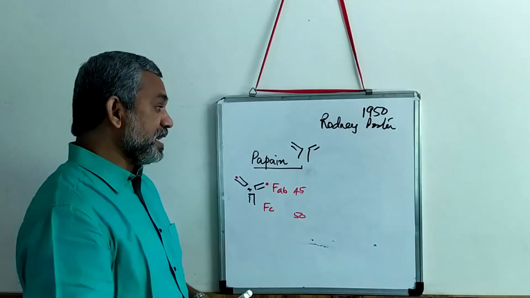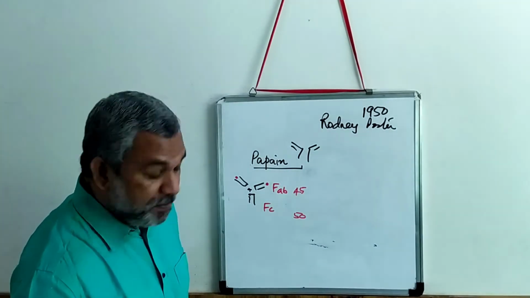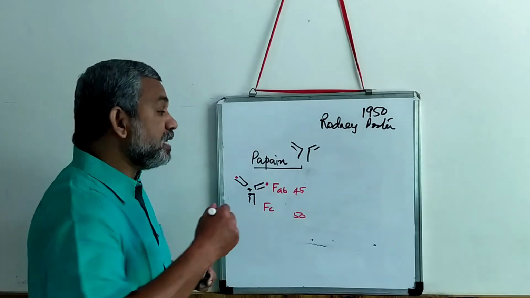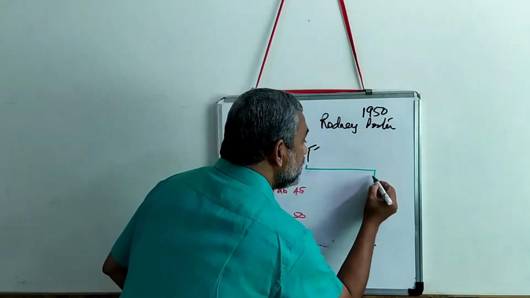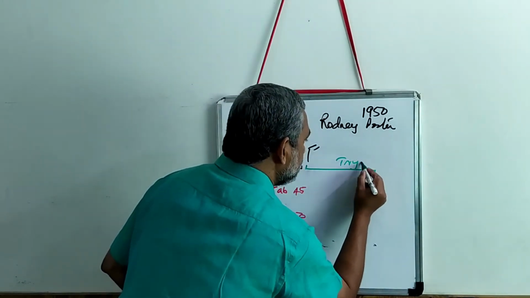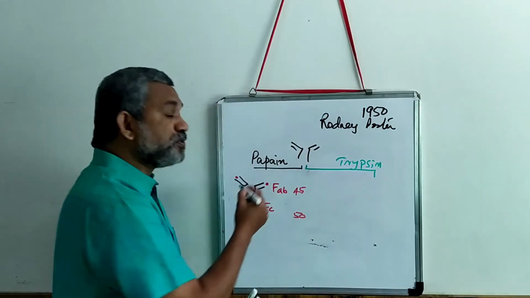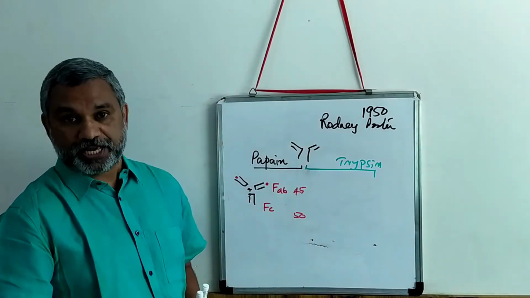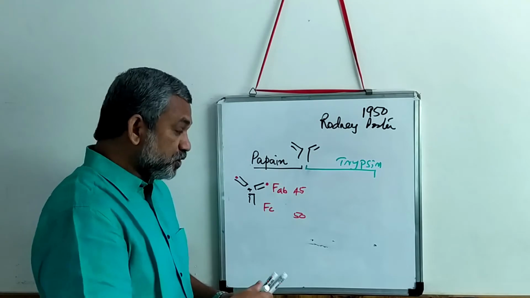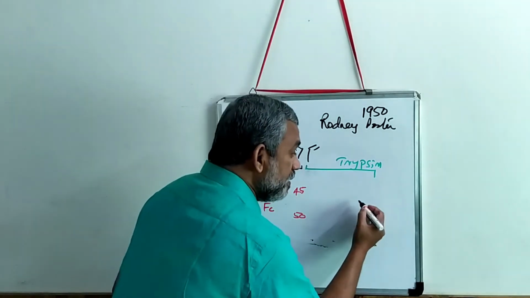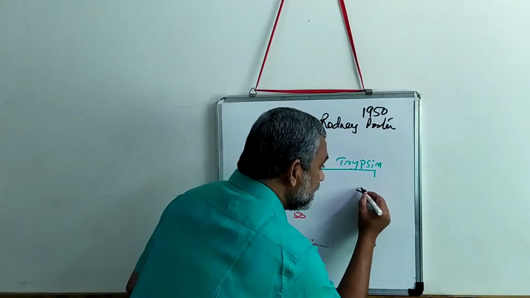Another experiment was carried out using another enzyme called trypsin. Trypsin also cleaves the antibodies. What happens with trypsin is another interesting story. He got a structure like this.